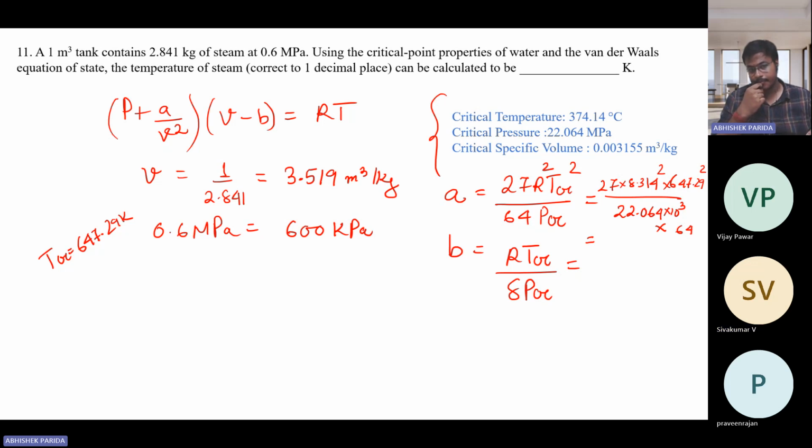Yeah. 27 into 8.314 whole square into 647.29 whole square divided by 22,064 divided by 64. I am getting 548.